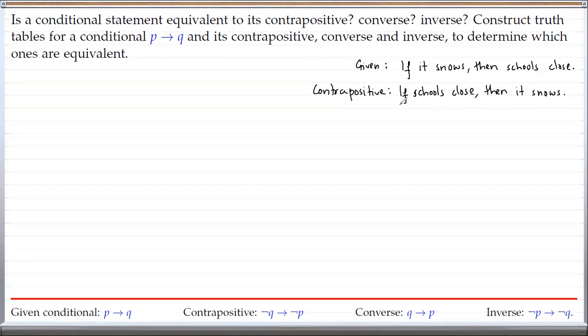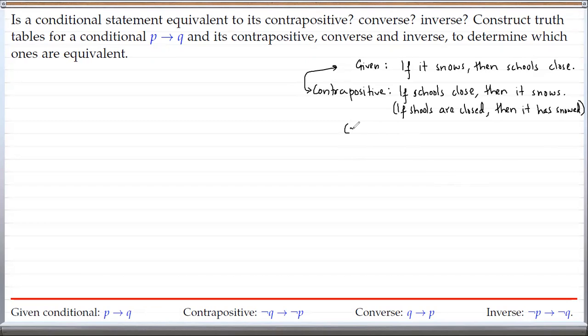We can write this in a little different way so that it makes more sense. We can say if schools are closed, then it has snowed. This is the contrapositive. Now, if you compare this with the given statement, they mean the same thing.